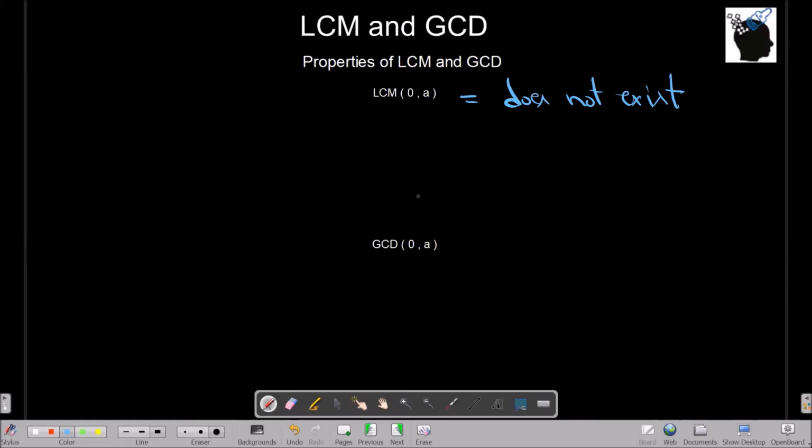Let's talk about GCD of 0, a. Now GCD of 0, a will be equal to a itself, because all whole numbers are factors of 0. That means even a will be a factor of 0. So the greatest common divisor between 0 and a will be a itself.